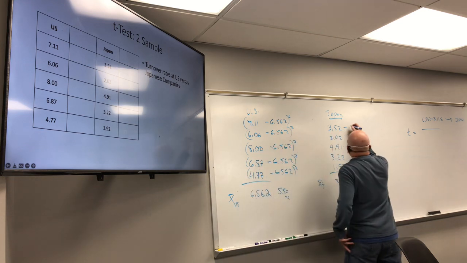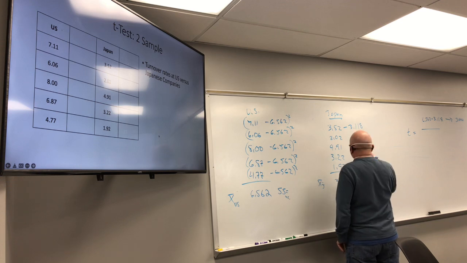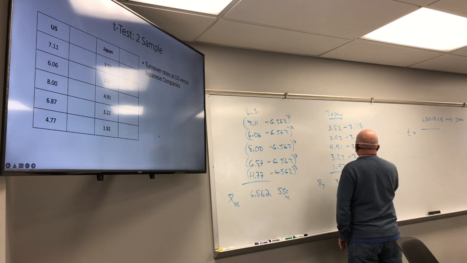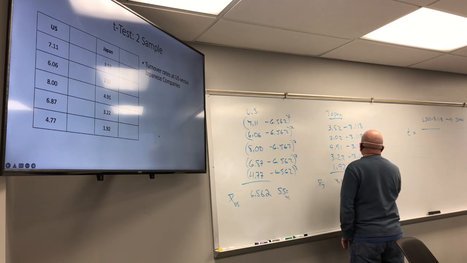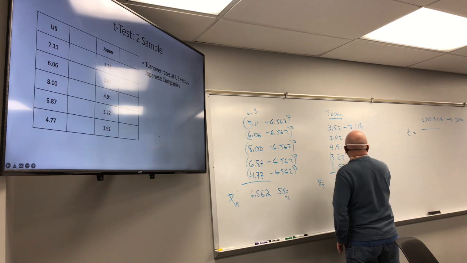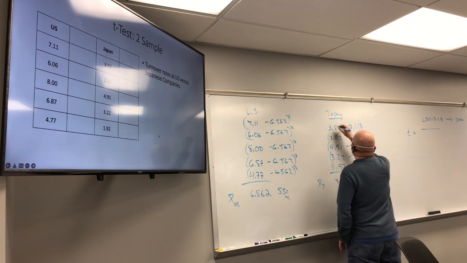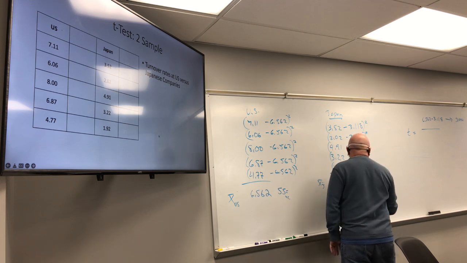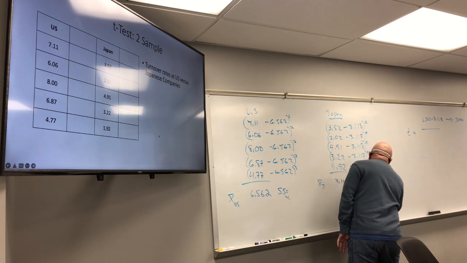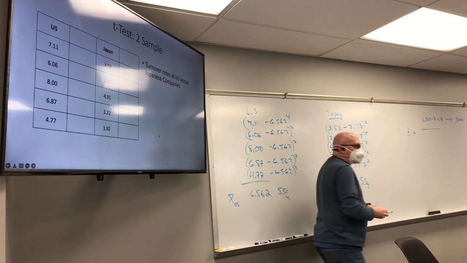Do the same thing over here. Square each of those. Add that up, and that would be the sums of squares for Japan.